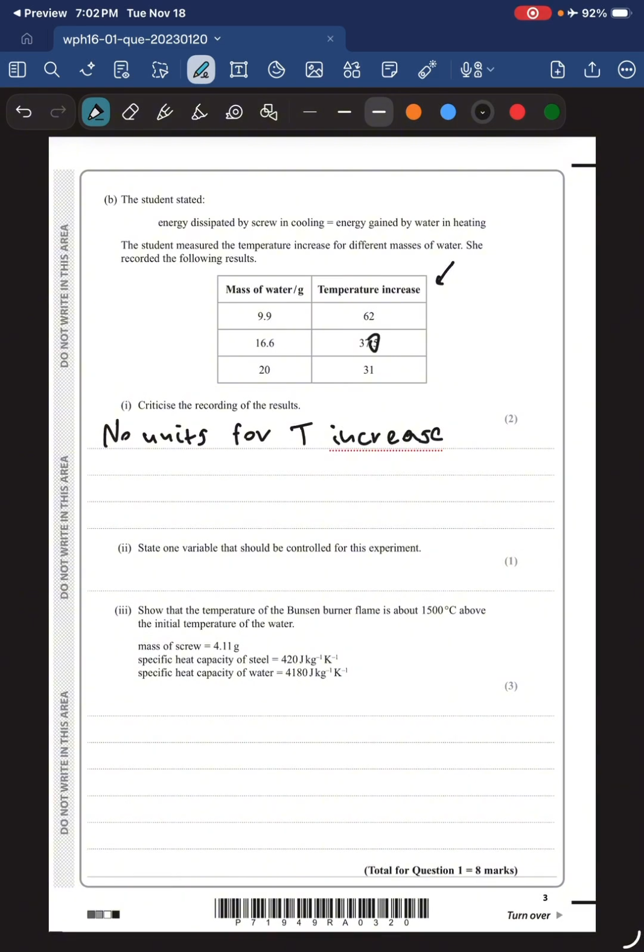So this is 37.5, but these two are whole numbers. So there is an inconsistency. The other thing is that there is an inconsistency in the number of significant figures.